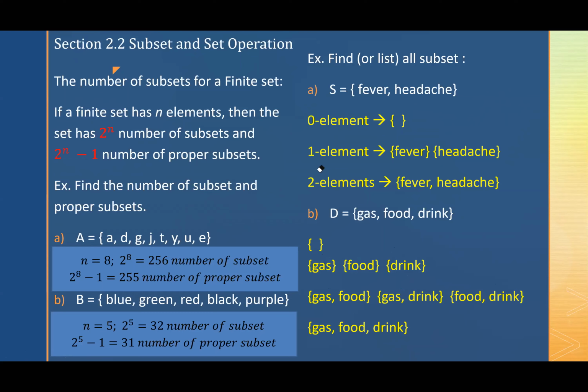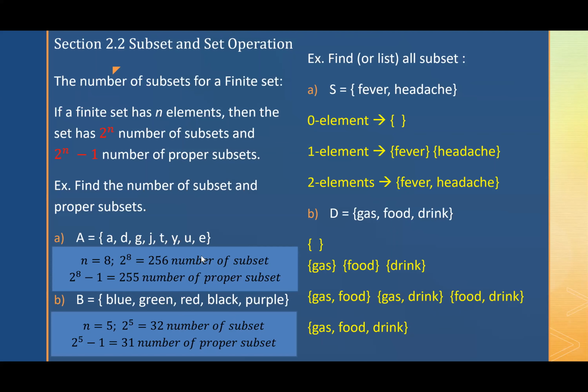But to sum it up, when I try to list the subsets, I always start with 0, 1, 2, and 3 if I have 3. They won't ask you to list all of these subsets because it's a lot. With 32 of them, sometimes you will miscount. Or they won't ask you to list all 256 subsets because that would be a humongous list.